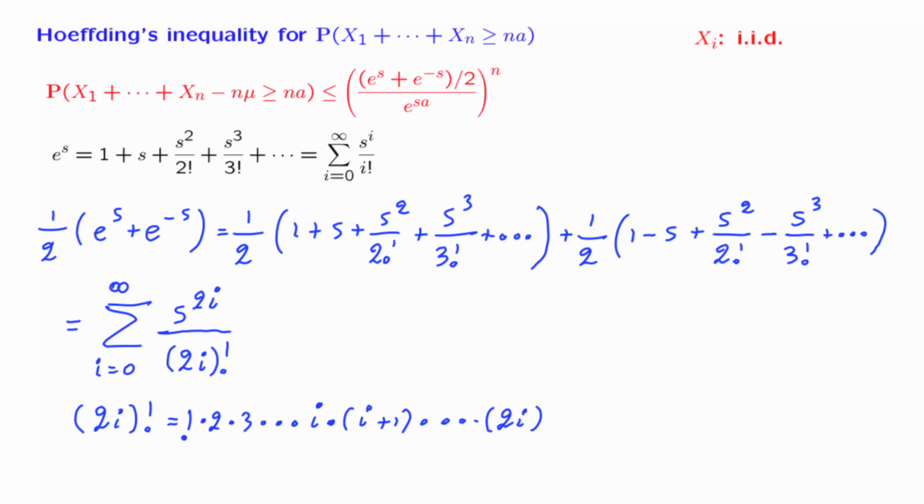And what we have is first i factorial, but then each one of these terms is larger than or equal to 2. And we have i such terms, and this gives us this inequality. So we're going to use this substitution here. Because this term is in the denominator, the direction of the inequality is going to be reversed, and we obtain this.